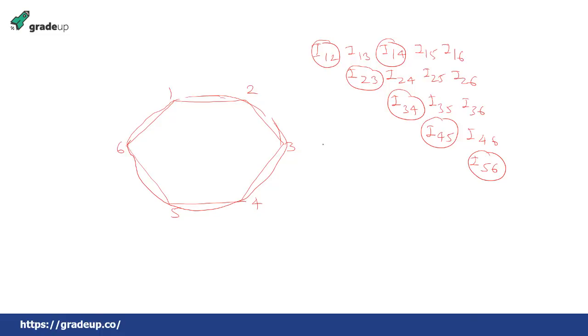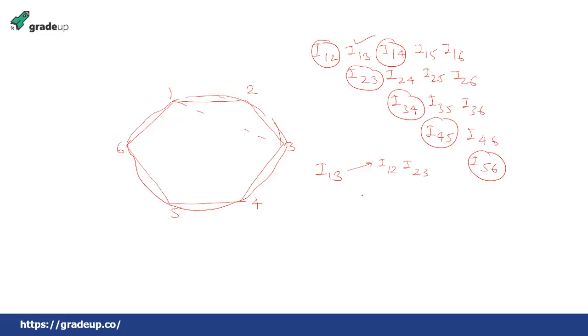So for finding I13, how can we reach 1, 3? We can reach 1, 3 either by I12 and I23, or also by I14 and I43, that is I34. Go back to the previous slide and note down I12, I23 and I14, I34. Where is I12, I23?